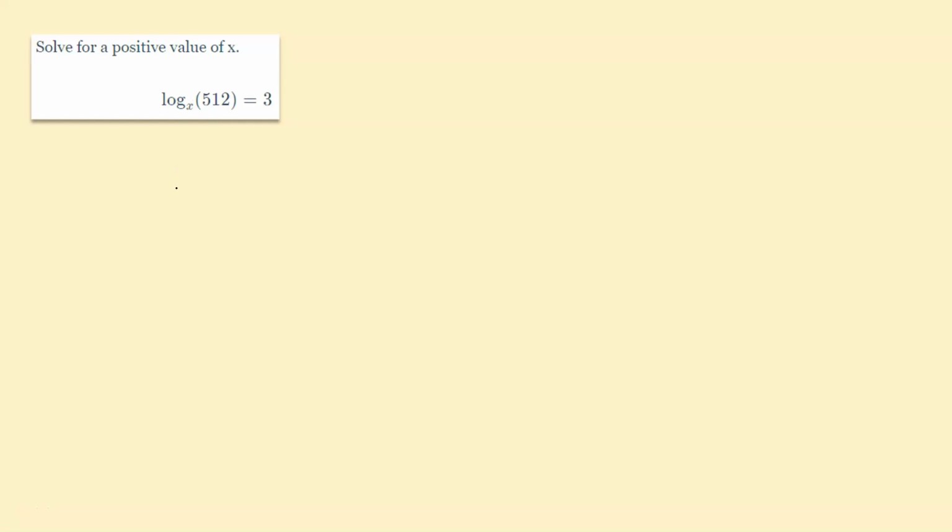So I'm going to rewrite this as an exponential here. So this will be x to the third power equals 512. Now here we have an equation that we can solve for x by taking the cube root of both sides.